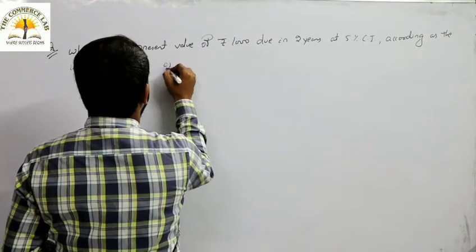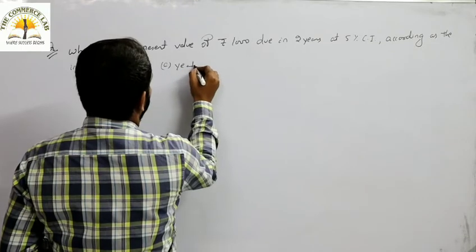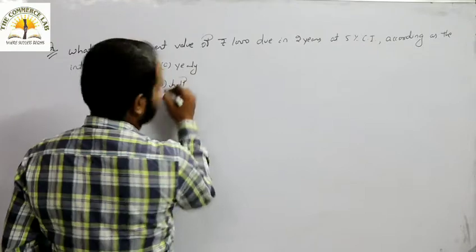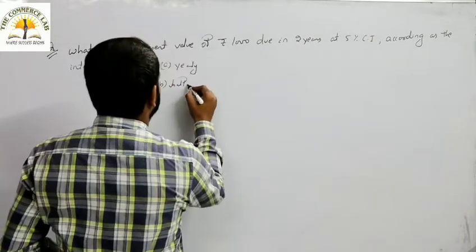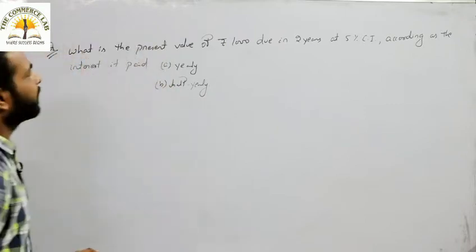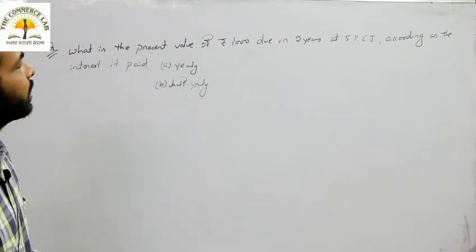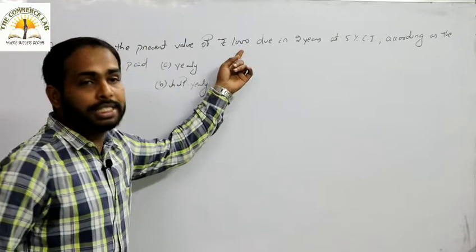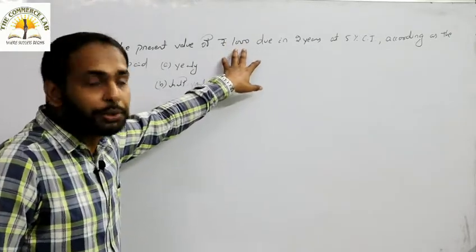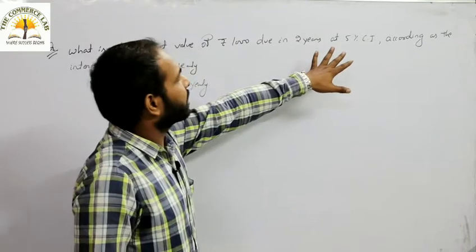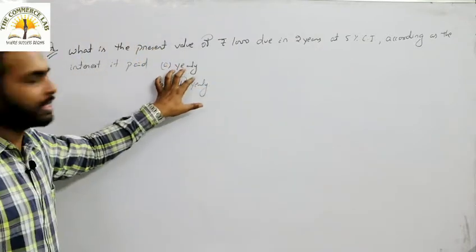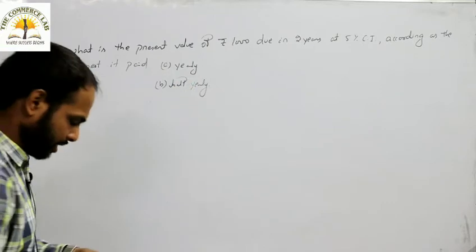So first bit is on yearly basis, second bit is on half yearly basis. So what is the present value of 1000 rupees due in 2 years? That means this is the amount after 2 years. At 5% compound interest, according as the interest is paid. First bit is yearly basis, second bit is half yearly basis.